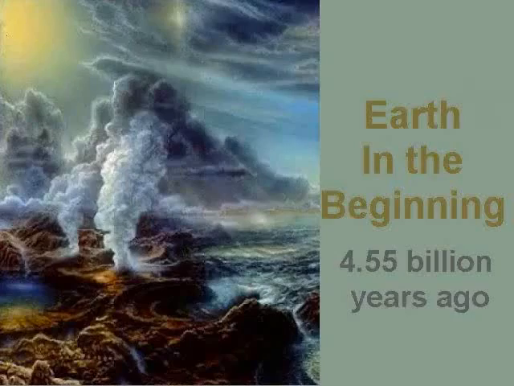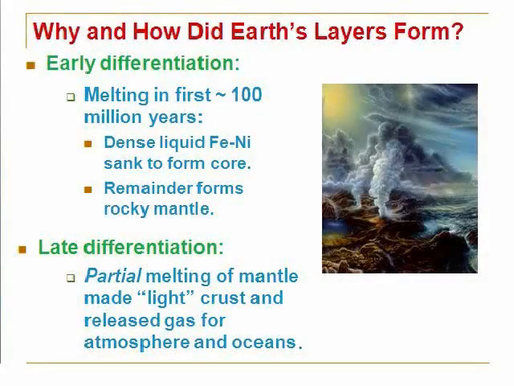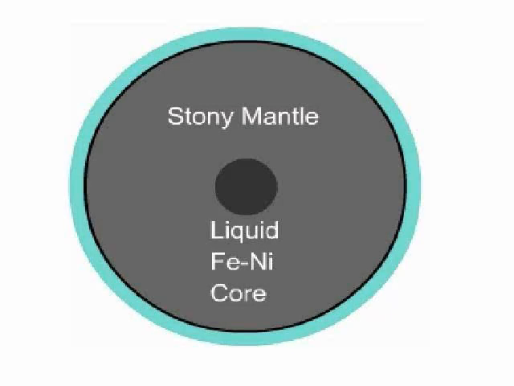In these early stages, geologists have divided this time into two differentiations: early differentiation and late differentiation. The first 100 million years is called the early differentiation. During this time, two things happened. First, our molten atoms and molecules began to separate, which caused the higher density atoms like iron and nickel to sink toward the center to form the core.